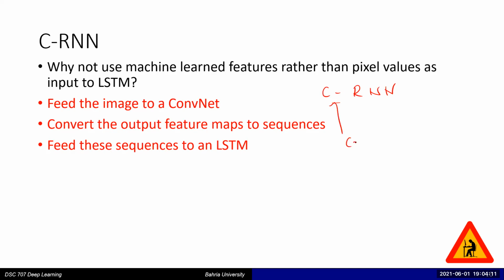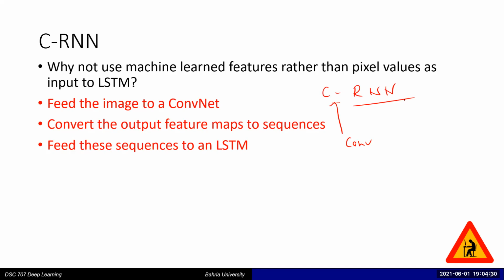The C is for convolutional network, and the RNN could be a simple RNN, an LSTM, a GRU, any recurrent neural network. Normally we use the term RNN, but it does not mean it has to be a basic RNN. It can be any type of RNN, LSTM, GRU, or any other variant.